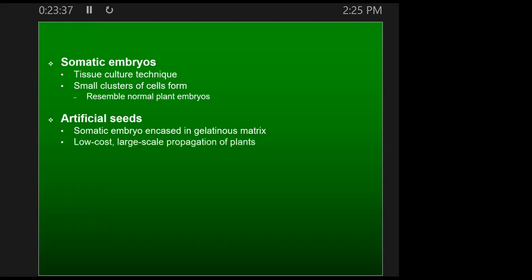So you might see that term, if you go to buy certain seeds, they might refer to them as artificial seeds. It's this really bizarre process where you can get body cells of the plant to behave like embryo cells. And then you just encase all of that in that matrix and you can sell it off.